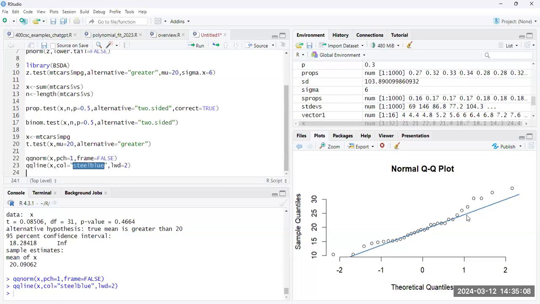And so again, we add the line here so that you have that straight line to compare it to. In a QQ plot in ggplot, you would use the geom line in order to add the line to the dots. But here, qqline adds onto the qqnorm graph that blue line that you can see here.